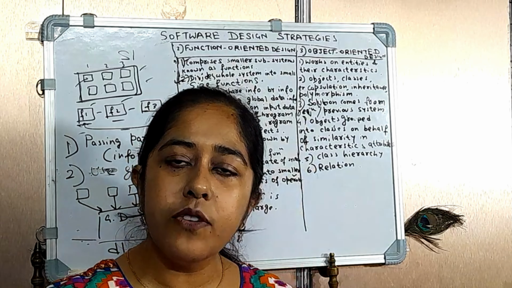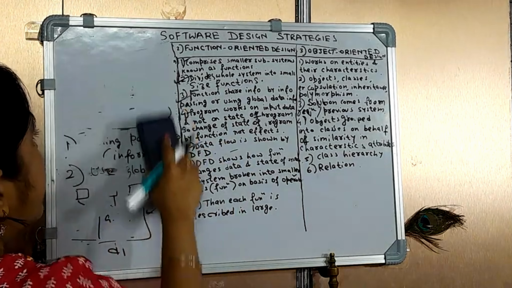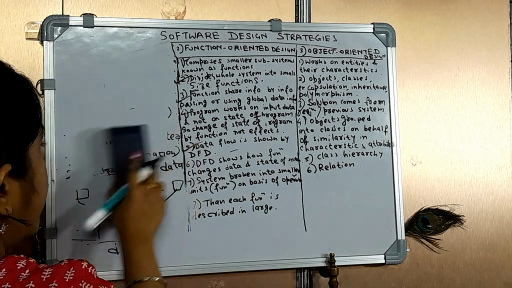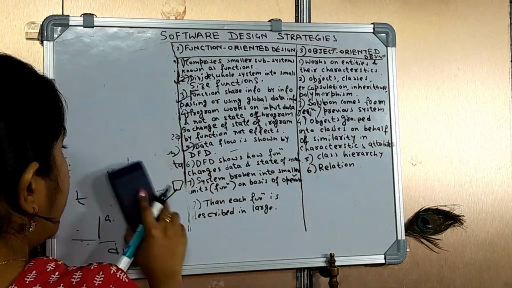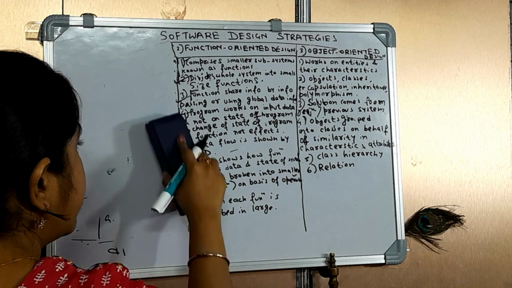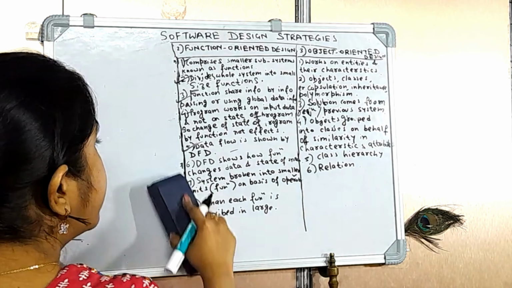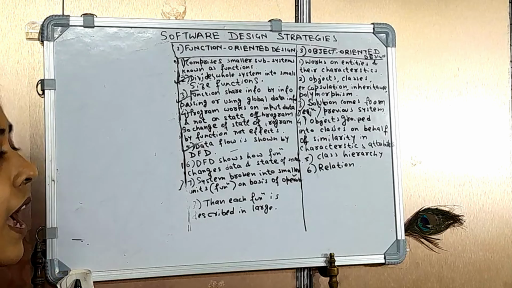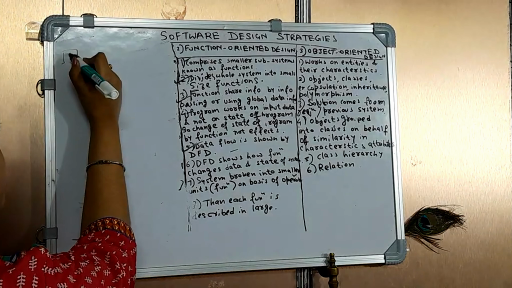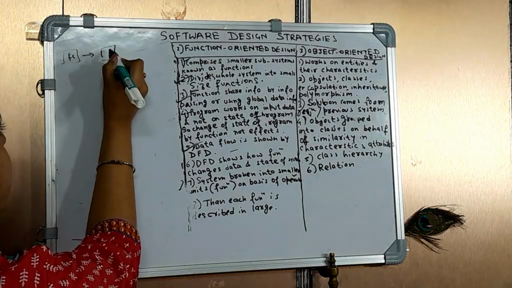Next, data flow is shown by DFD. In this function oriented strategy, the main thing that we use is the DFD, showing how the data is flowing from one function F1 to F2 to F3.